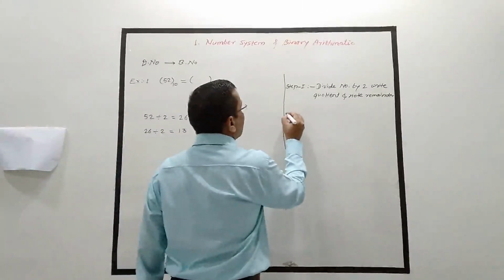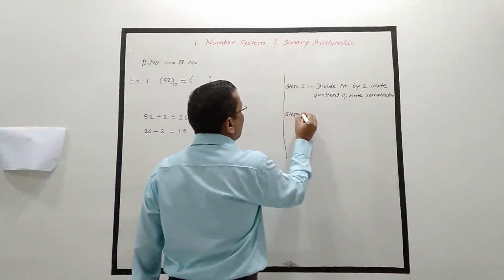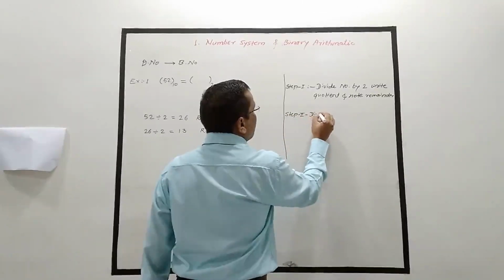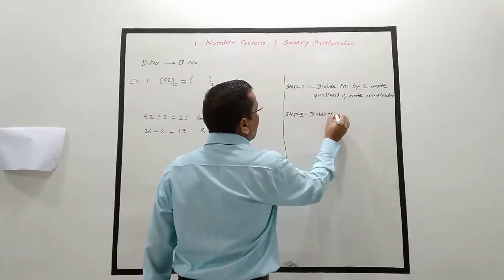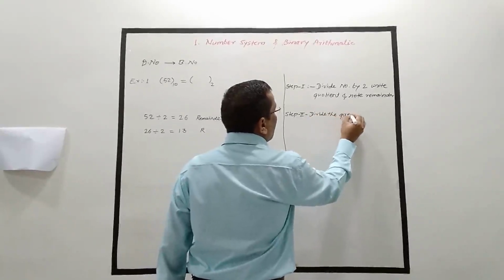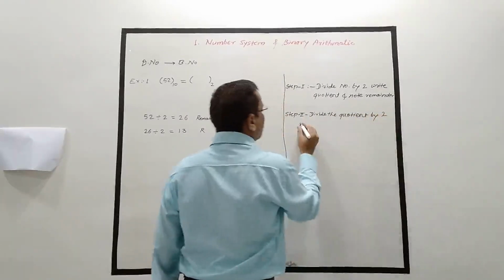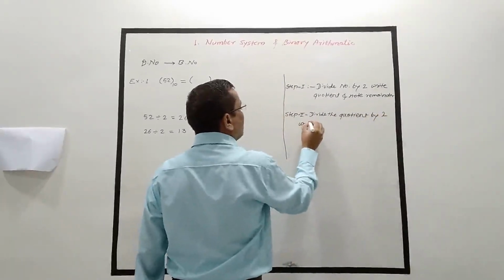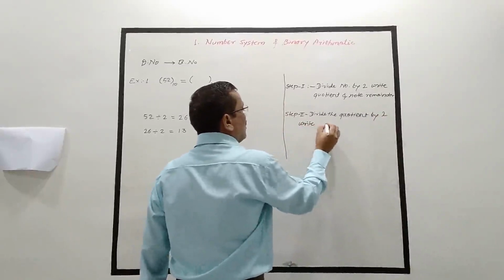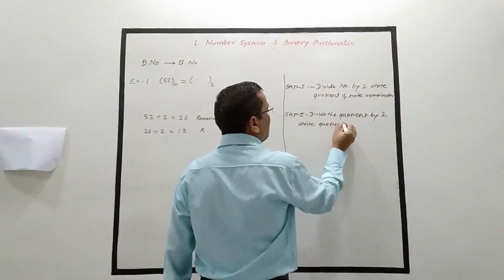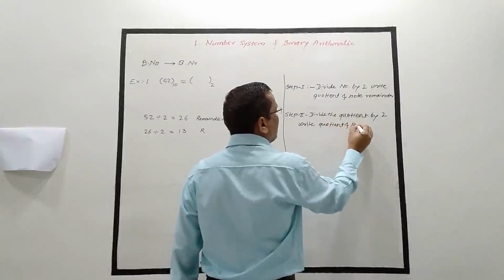Step 2: Divide the quotient by 2. Write the quotient and remainder.